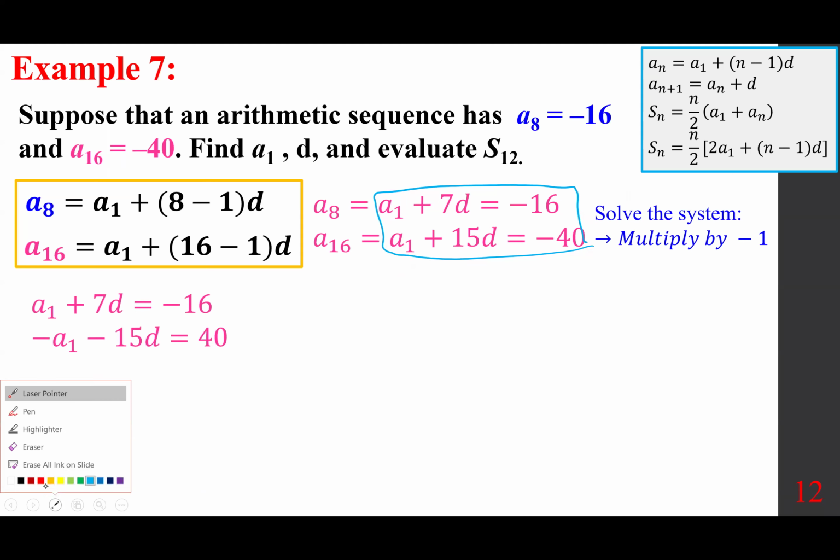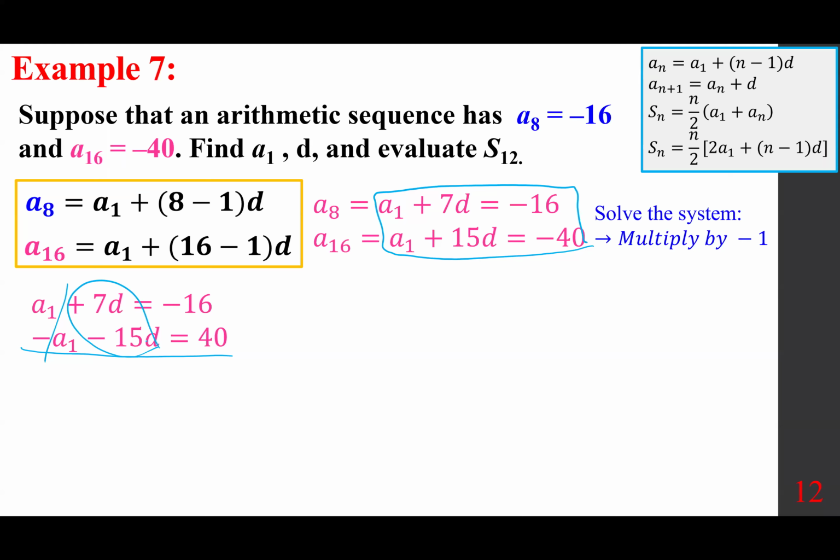Notice these two cancel each other. These two add up to negative 8D. These two add up to positive 24. Divide by negative 8. D is negative 3. So that's pretty straightforward, everybody.